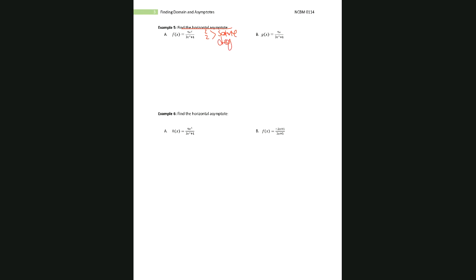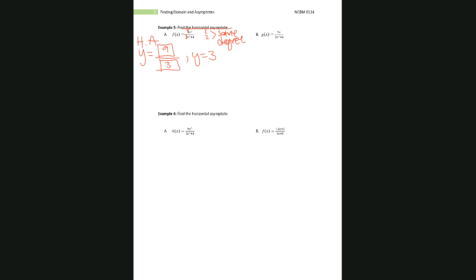Remember, to determine the degree, we look at the highest exponent. So because of that, the horizontal asymptote is going to be the ratio of the 2 leading coefficients. So we're going to divide them. And those numbers are 9 and 3. So 9 divided by 3, so that will give me y is equal to 3. That is the horizontal asymptote.